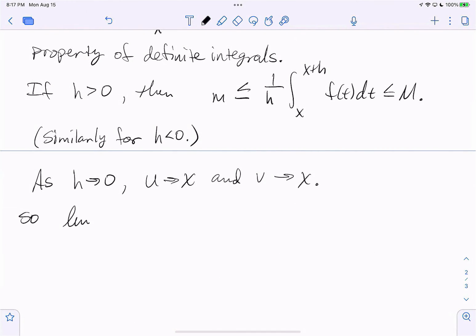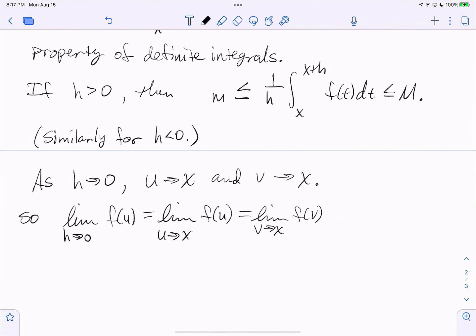So the limit as h approaches 0 of f of u is equal to the limit as u approaches x of f of u, you see, one is happening as the other is happening, and is equal to the limit as v approaches x of f of v. And they're both going to be f of x. Why?